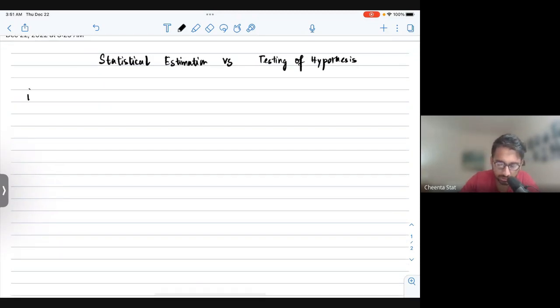Let's discuss the birth of statistical estimation and testing of hypothesis. So, what's the basic problem? The basic problem is that you have a population.